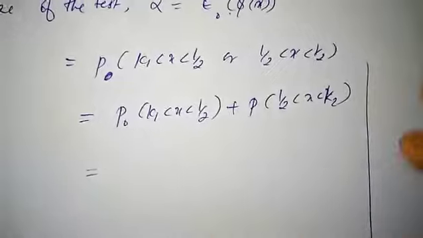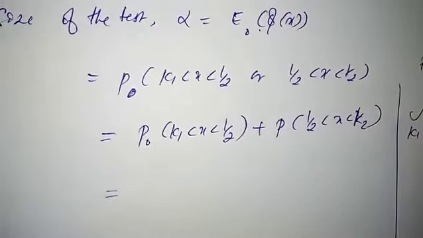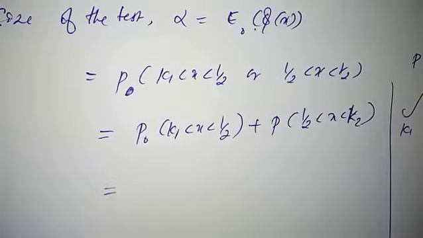If we take these together, that is probability of k1 less than x less than k2 equal to alpha.